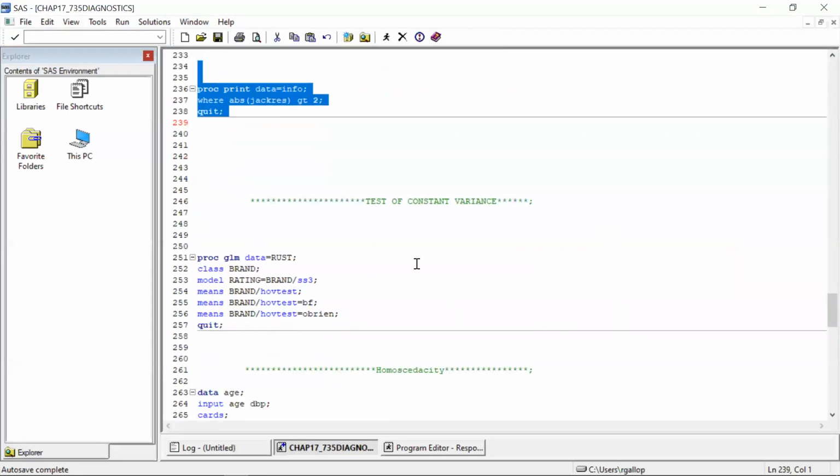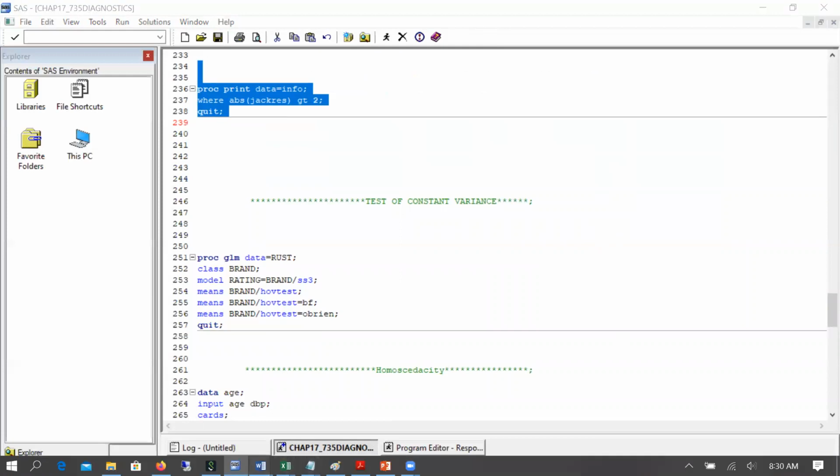Next, we get into the quantity of variance, but let's jump to our notes really quick.